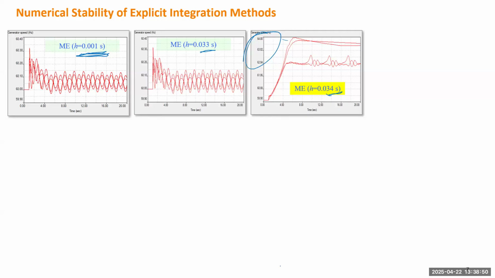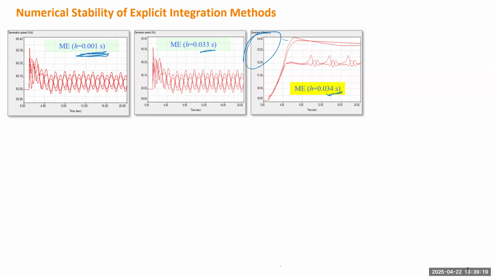So here's a question. When we use a numerical method to solve the dynamic system for transient stability, if I don't use a small enough time step, the simulation may show a different phenomenon from the true dynamics of the system. For this system, I know it is stable, but if I use a very large time step, the system turns out to be unstable.